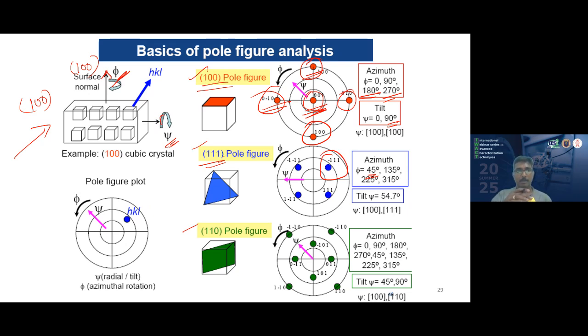Then by rotating 90 degree, we will obtain another pole. Again, rotating by 90 degree, we will obtain three other poles for the 111 plane. Here, the psi angle is in the radial direction and the phi azimuth angle is in this direction.